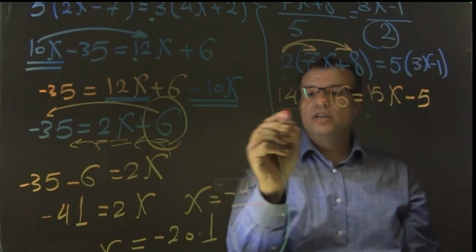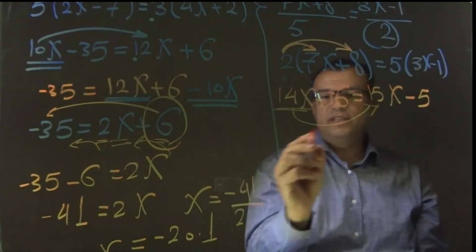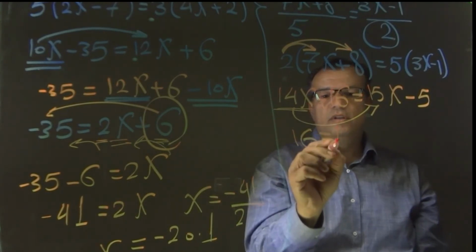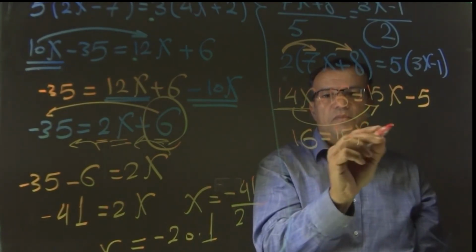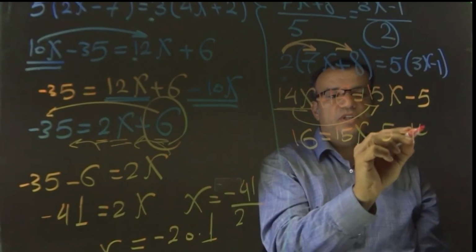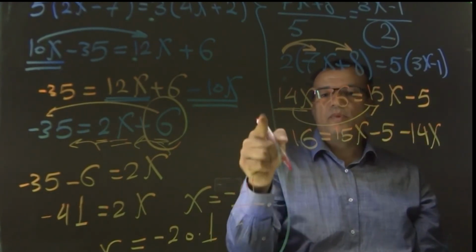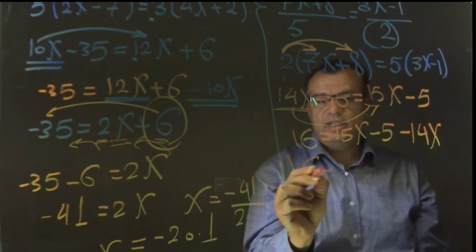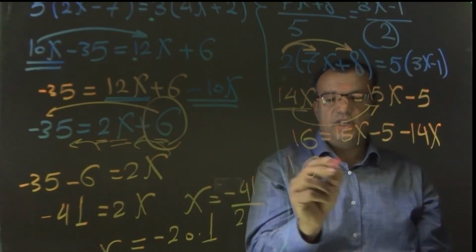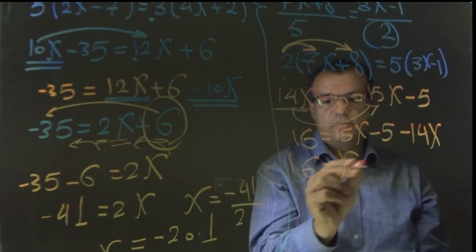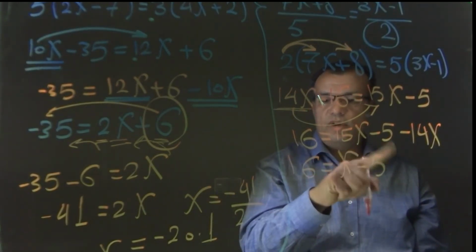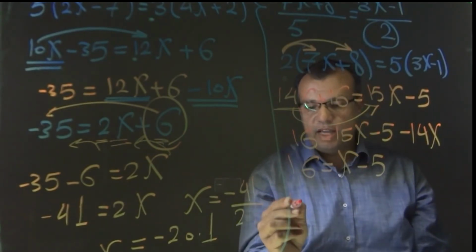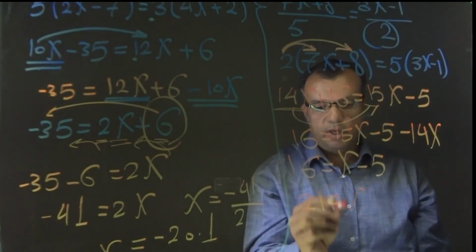The smallest moves to the greatest. It means 16 = 15x - 5 - 14x, which comes from the left-hand side to the right-hand side. So 16 = 15x - 14x, which is just 1x - 5. Move 5 to the other side. This is subtracting, so move it to the other side as adding. It will be 21 = x.